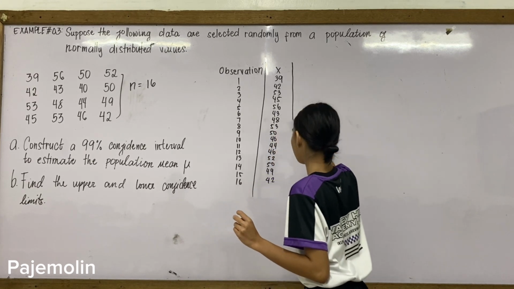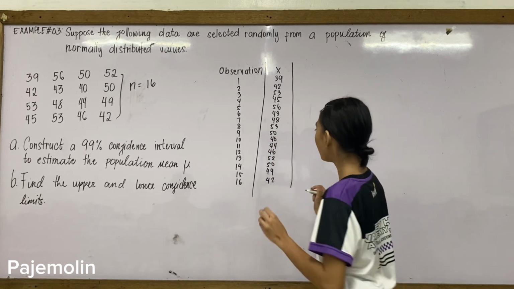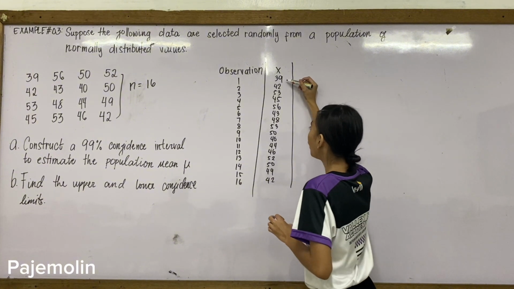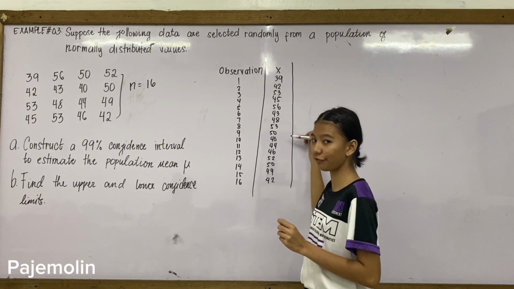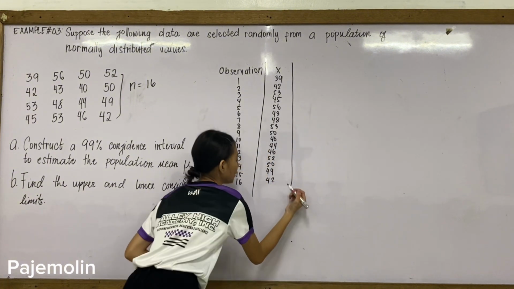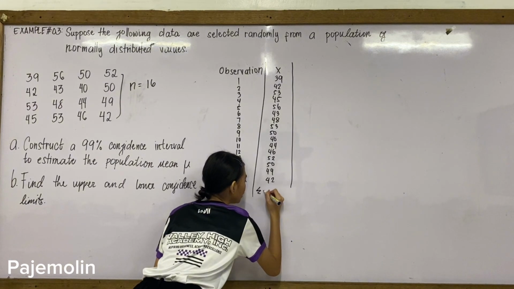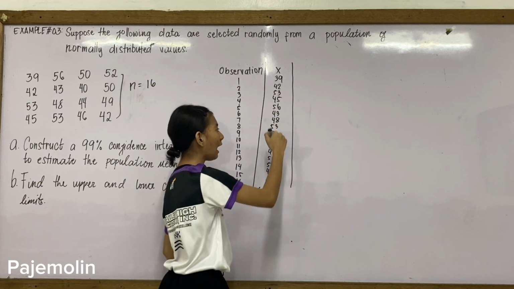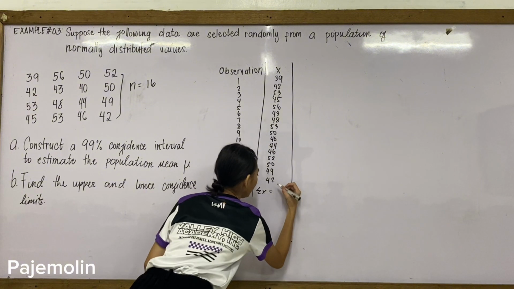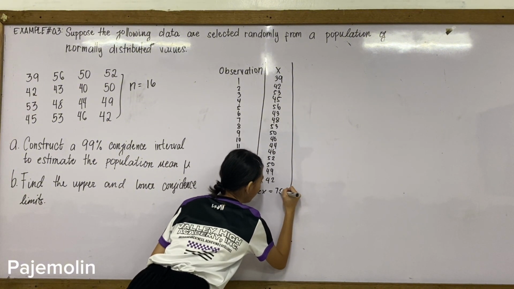So this is our second column. Now we have to get the sum of these values, the summation of x. If we add them all together, we get 752.